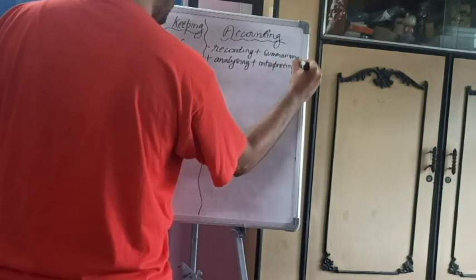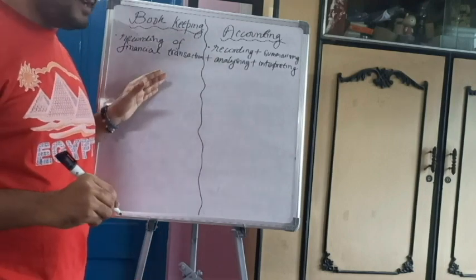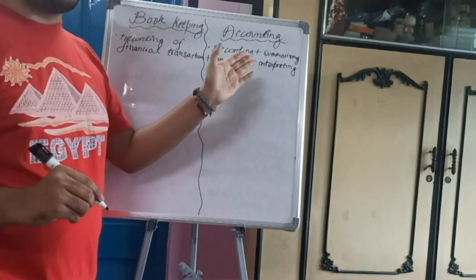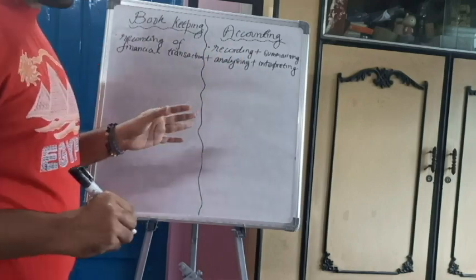So bookkeeping is just recording of financial transactions. Whereas accounting is, you see, recording, summarizing, analyzing, interpreting. We have learned a few minutes earlier what is accounting.